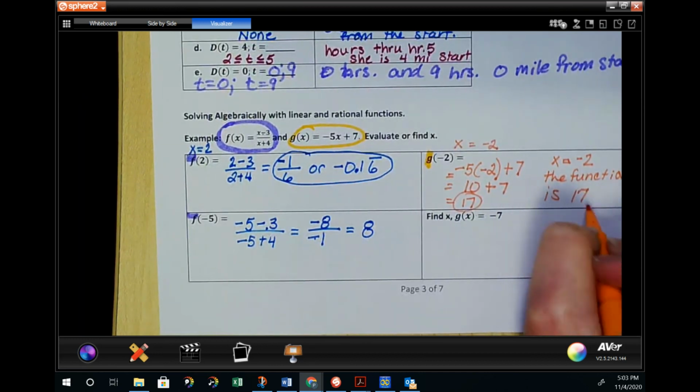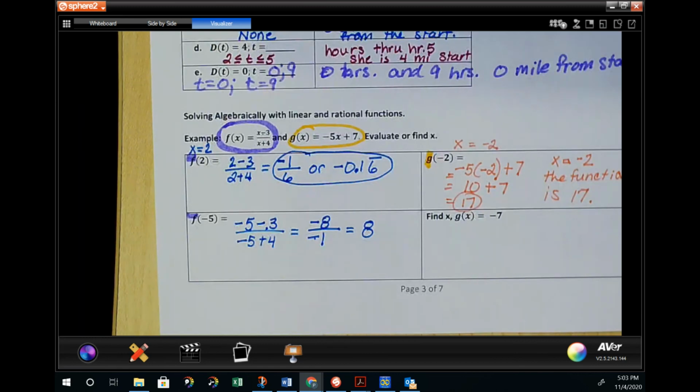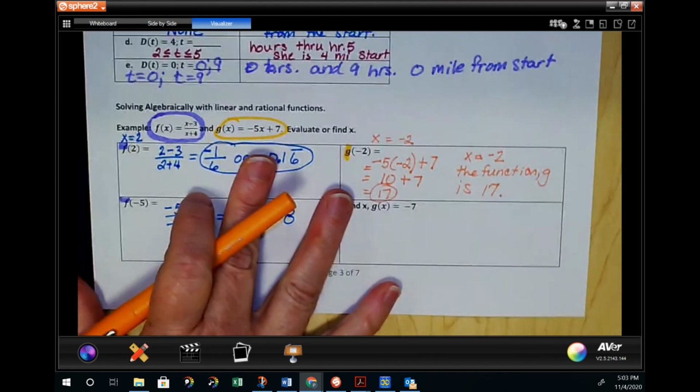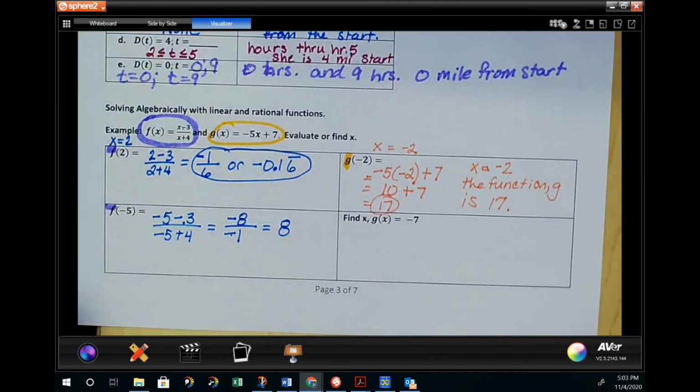And that whole reason why we use function notation is because it's a lot less writing to use. So this whole thing, g of negative 2, is that whole thing of saying when x is negative 2, the function g is 17.